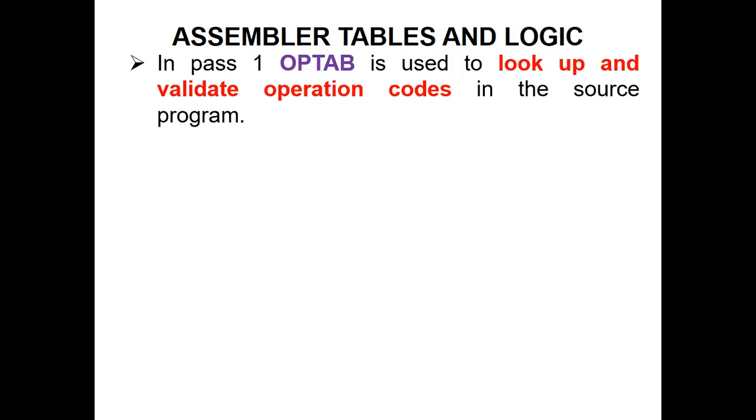For example, you can write LDA and maybe you forget the A and write only LD. That one is not known. So validating whether the code you have written is an actual assembler language code is done during pass 1 before the real translation is made.